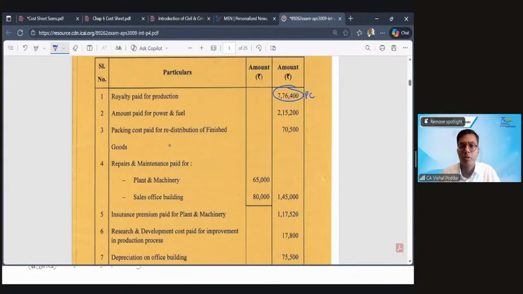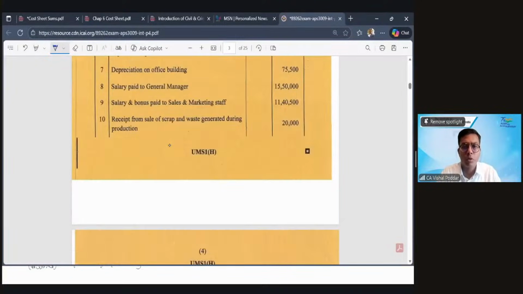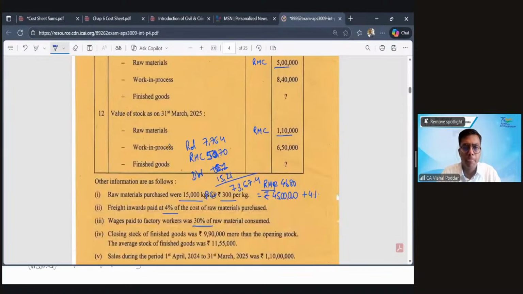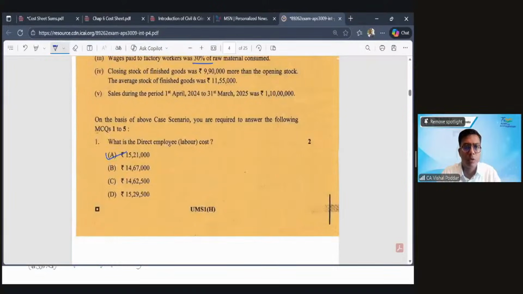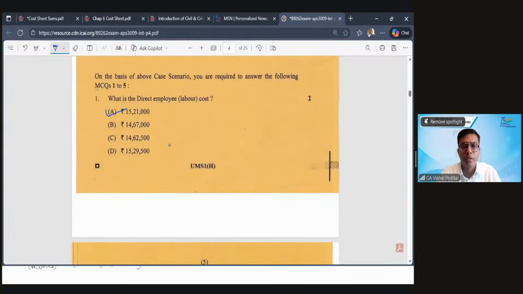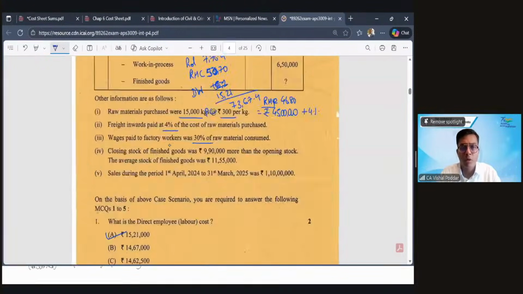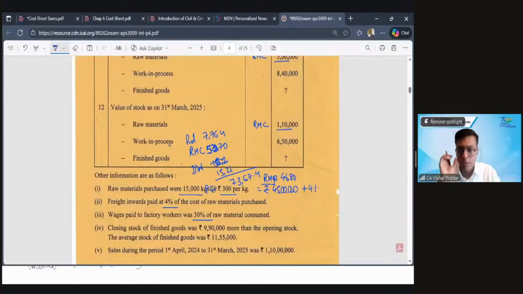This is royalty for production, 776,400. Are you sure with the calculation? Yes, sir. Because anyway, direct wages has matched, but how do we know this answer is correct? Because if any of our workings are wrong, then it may be a challenge. If one figure is wrong, everything will go haywire.